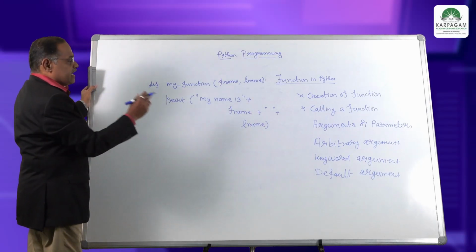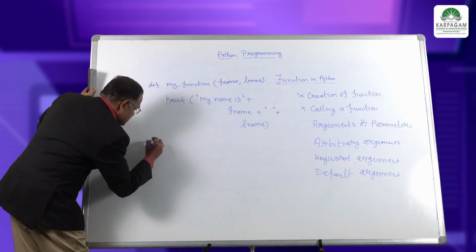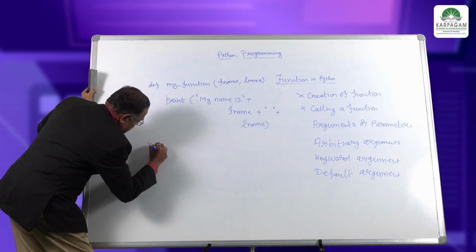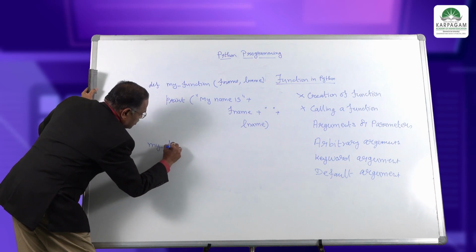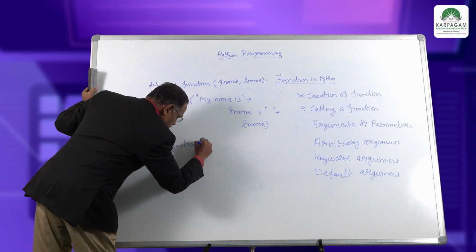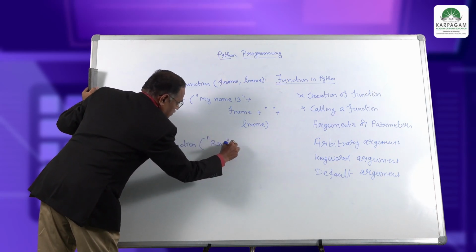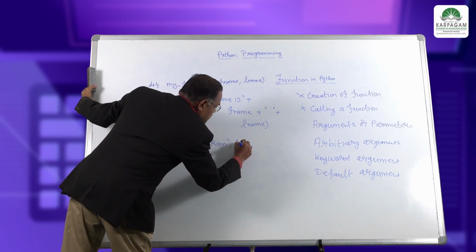So I am ending it. Now I am going to call this function by passing some arguments: my_function, open parenthesis, double quotes, Ram, comma, double quotes, Kumar.